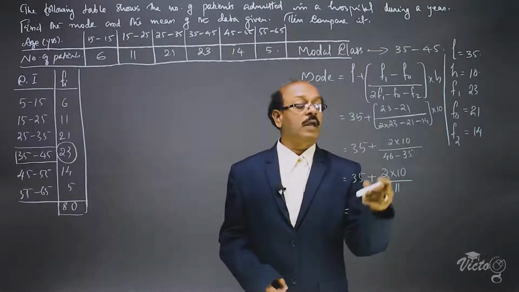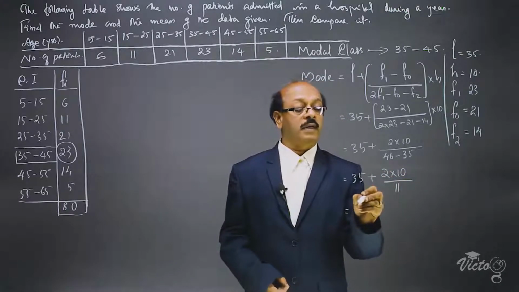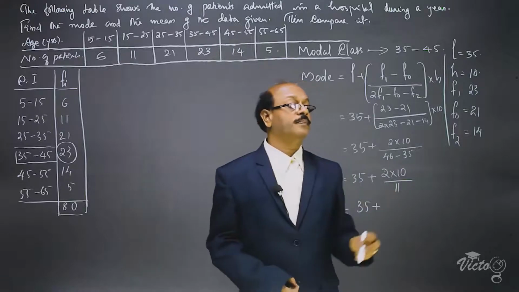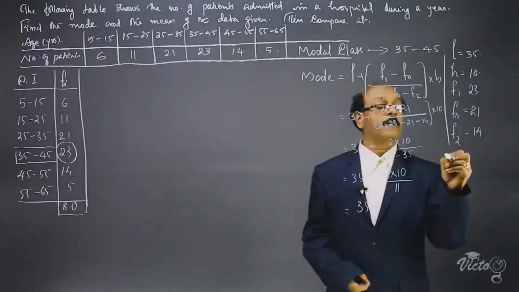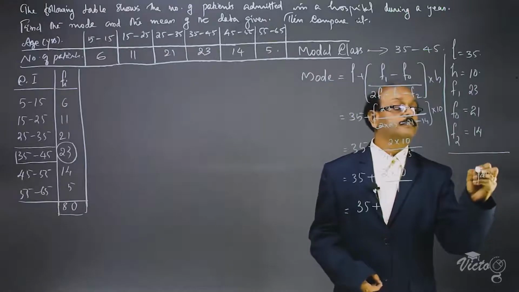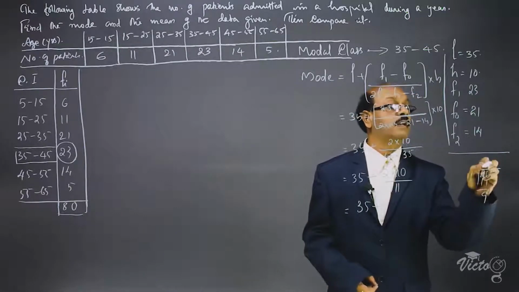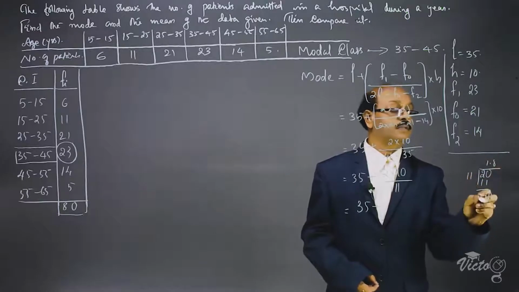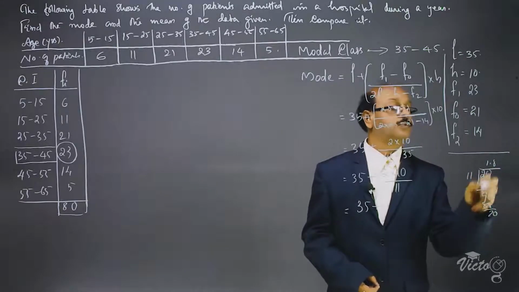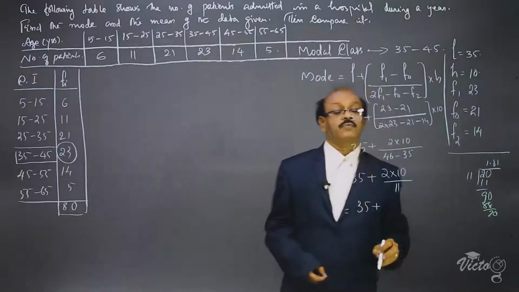Now we can find the value of 2 into 10, 20 by 11, separately. 35 plus 20 by 11. Dividing, 1 time 11, remainder is 9. 90, 8 times 88, 2 remains.